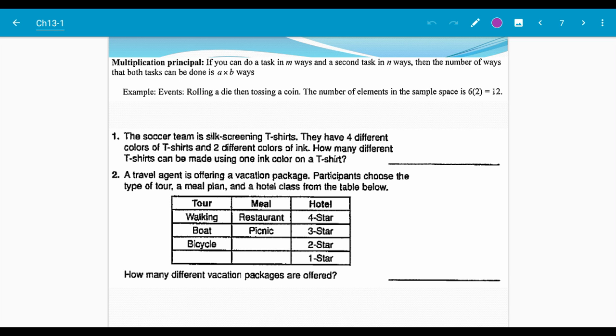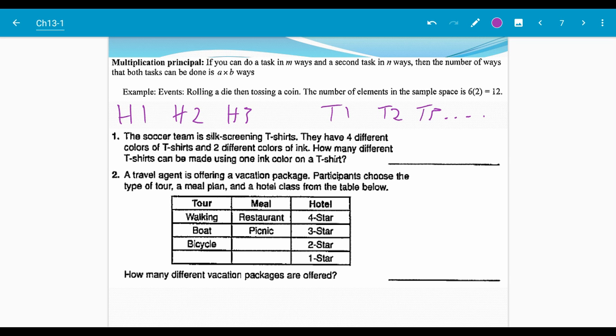With our coin flip, let's say we have heads, we could have that paired with a die outcome: heads and a 1, heads and a 2, heads and a 3, etc., all the way up through heads and a 6. Or maybe our outcome is a tail: tail and a 1, tail and a 2, tail and a 3, etc. But we don't need to look at all of those possibilities every single time. We're really just concerned with how many possibilities there are.